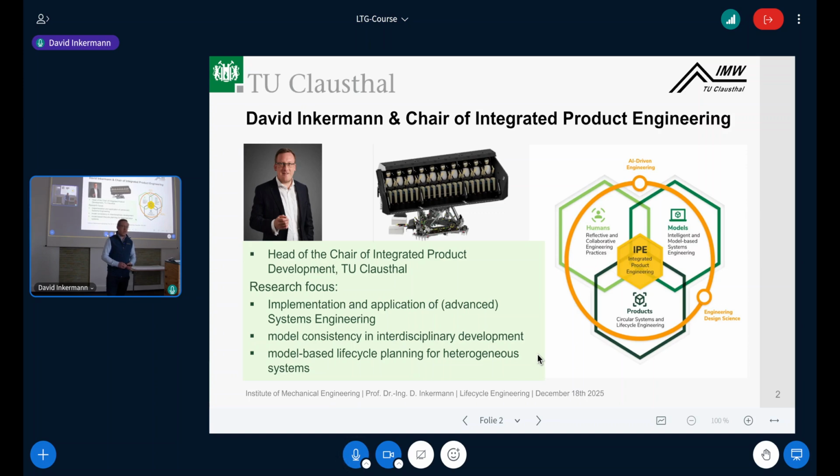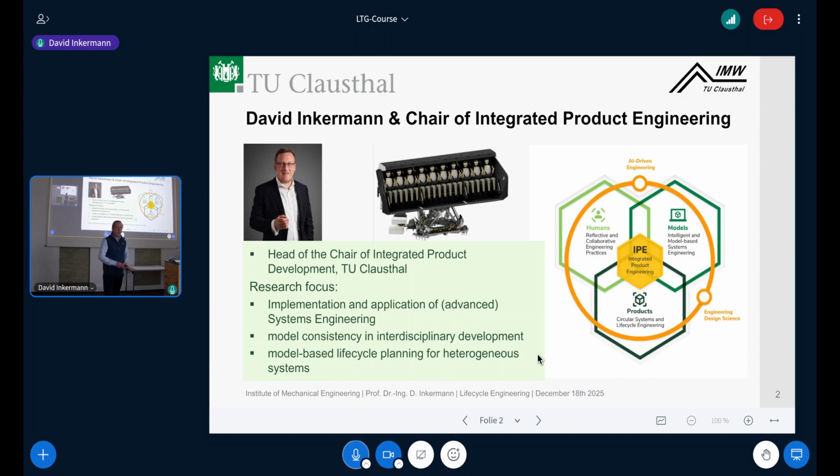energy efficiency during operation. That's one product, and since my chair is also called Integrated Product Engineering, I would like to point out that we don't have a specific focus on one product that we are developing, but our focus is more on the methodology behind and also some tools. That is what you can also see on our research areas.